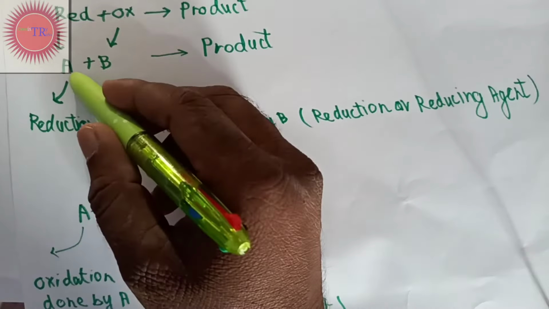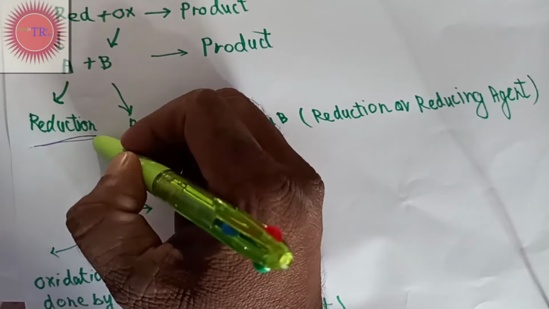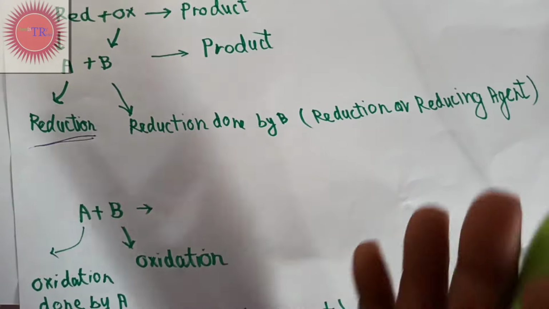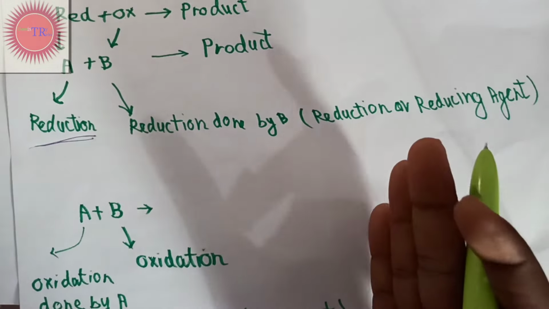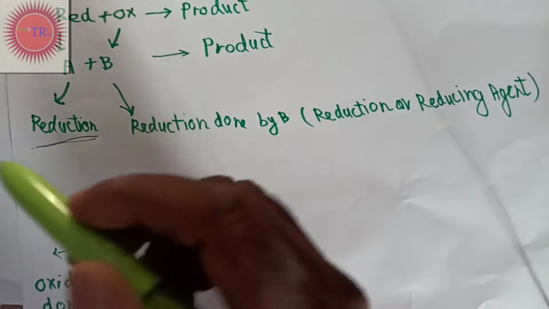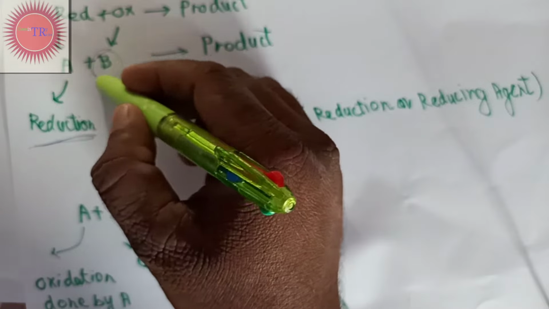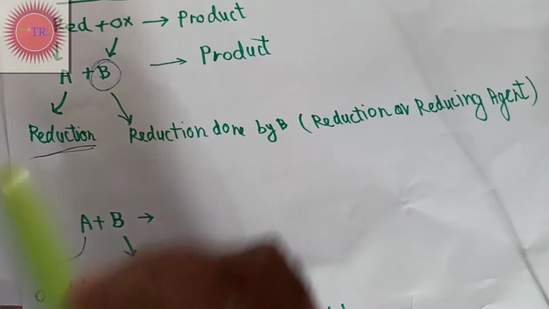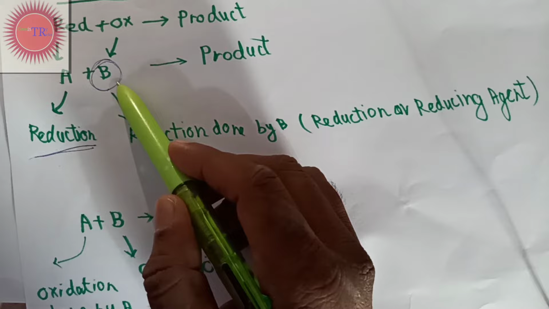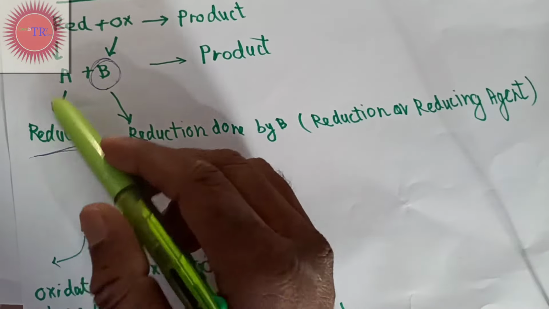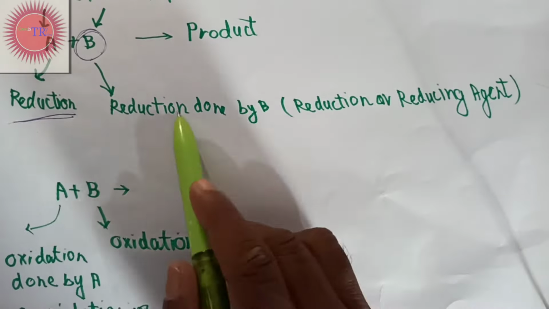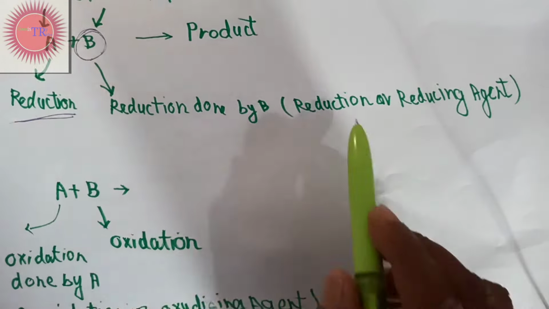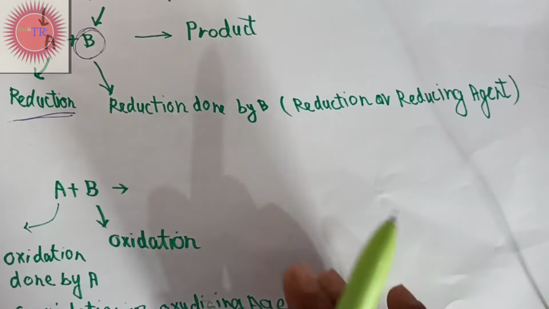Here is the reduction of A. So who does the reduction of A? It is done by B. Reduction is done by B. It means B reduces A. So B will be the reduction agent or reducing agent.